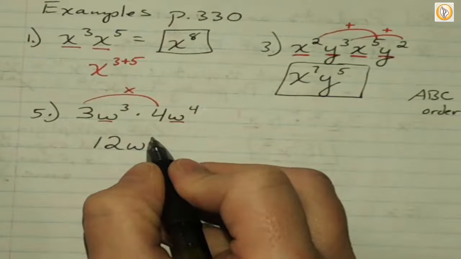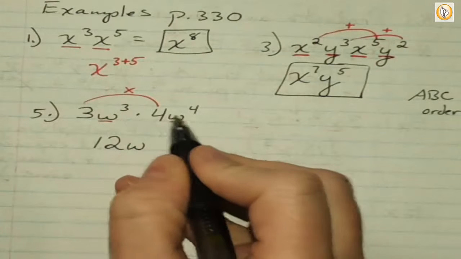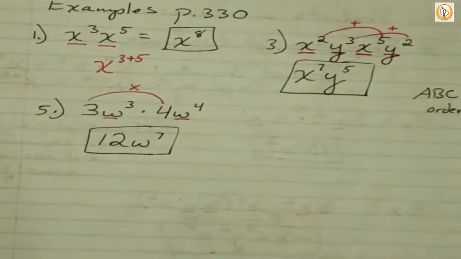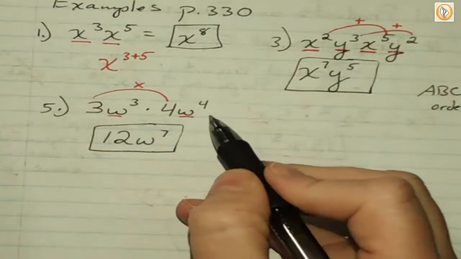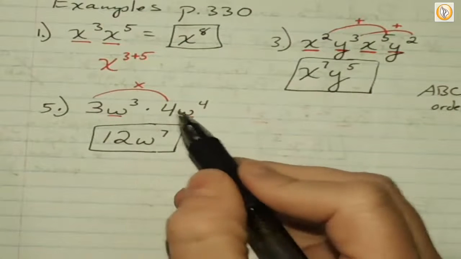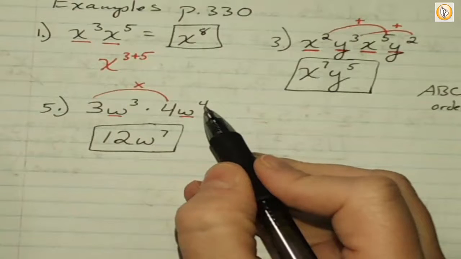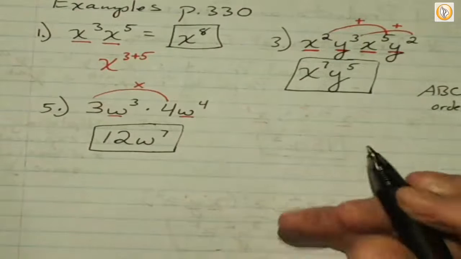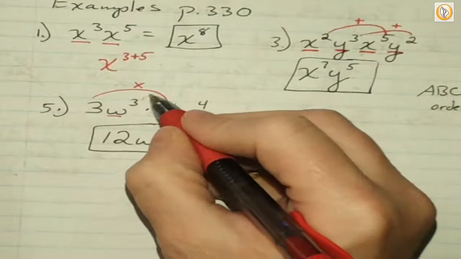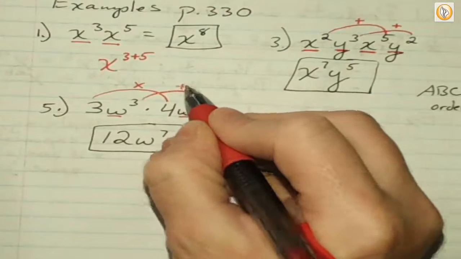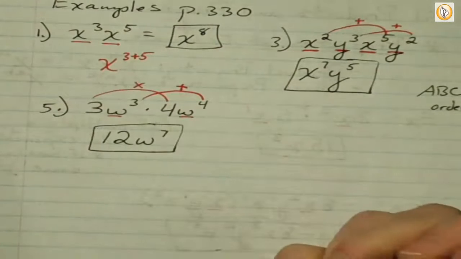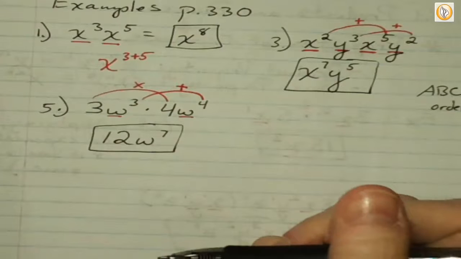What do you do to the exponents? Oh, you add them. So 7th power. There you go. So we're multiplying all this together again. 3 times 4 is 12. And then the bases are the same. We're multiplying, so you add the exponents and you get 7. So you add the exponents, you multiply your numbers. Any questions?